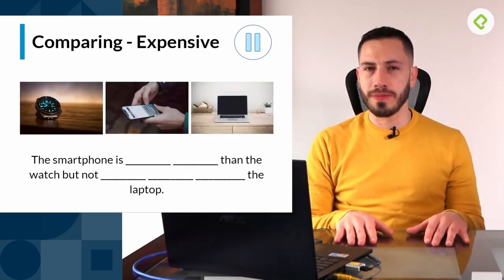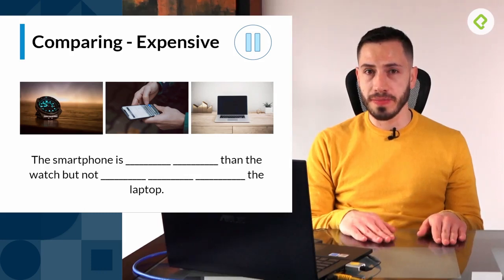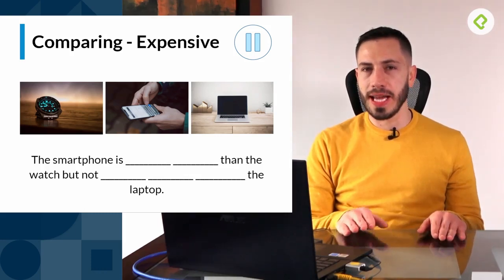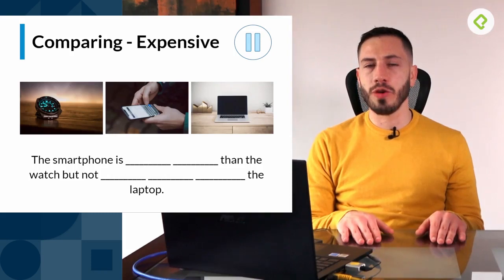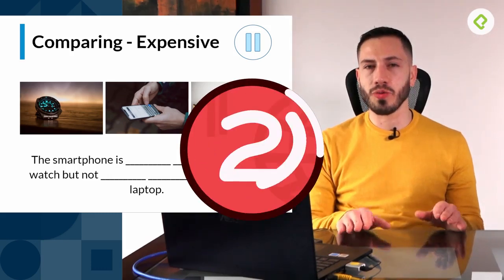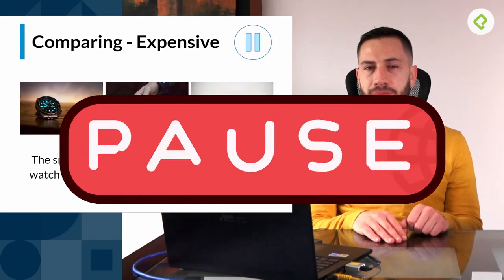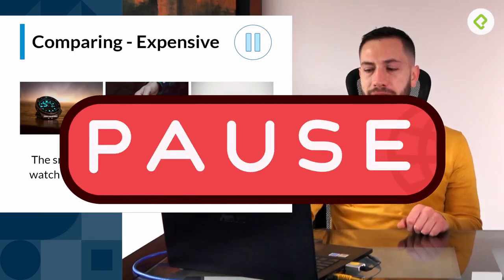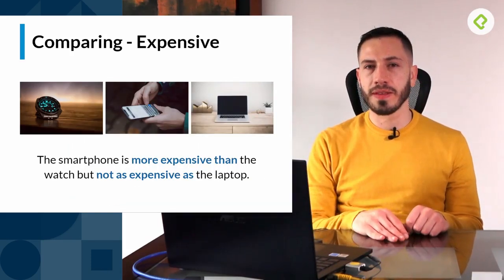Let's do one more. This time we are comparing a watch, a smartphone, and a laptop. And we are going to be using the adjective expensive. Pause your class and try to complete the sentence that starts with the smartphone. Which answer do you have? Very good.